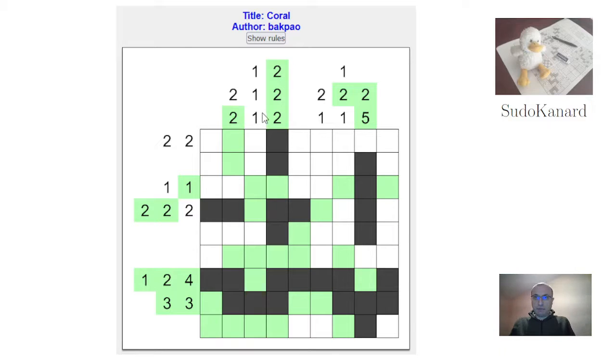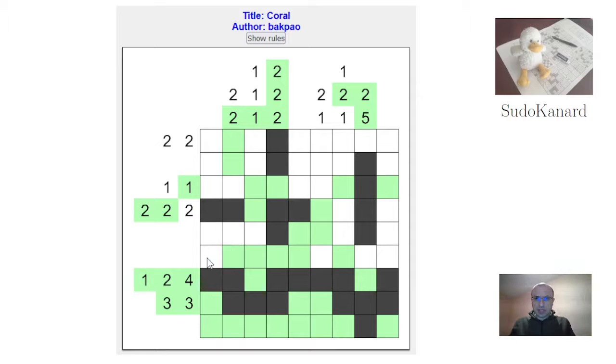And then we have 1, 1 here. The same happens here with the checkerboard pattern. Those are isolated. There's a 2x2 something. Now, how do we finish that? 1 and 1. One of them must be here, the other one must be here.